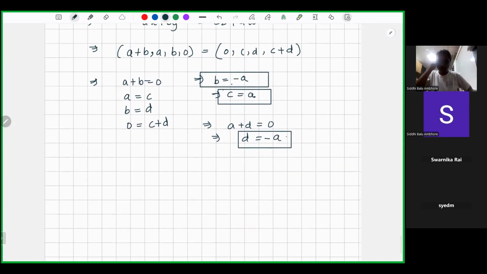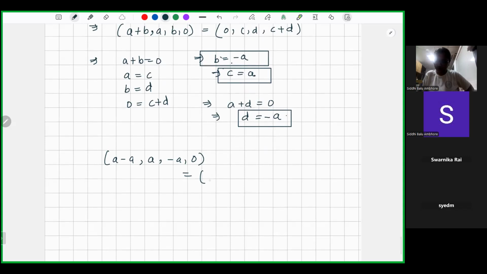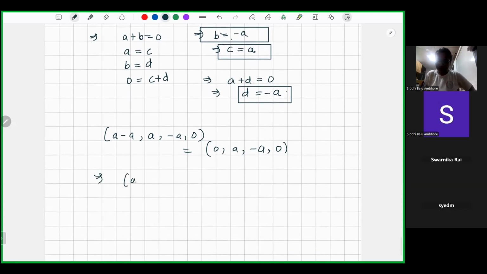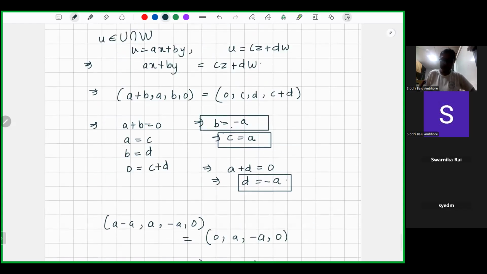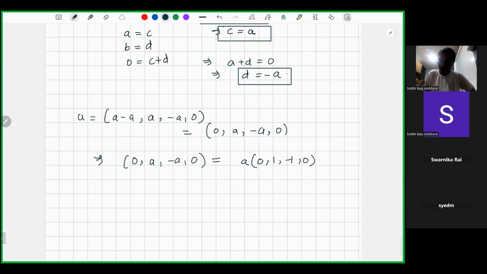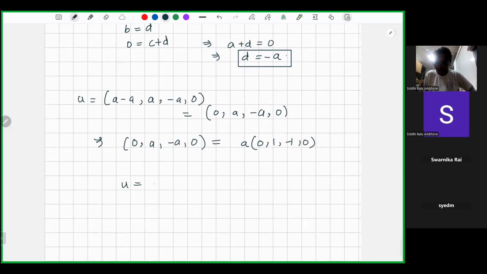If I substitute this here, B is minus A, so A, minus A, and C is anyway A, so 0, A, D is minus A, and the addition of this is 0. So ultimately we get 0, A, minus A, 0. So this is A times 0, 1, minus 1, 0, and this is an element in U. So we finally got the expression.